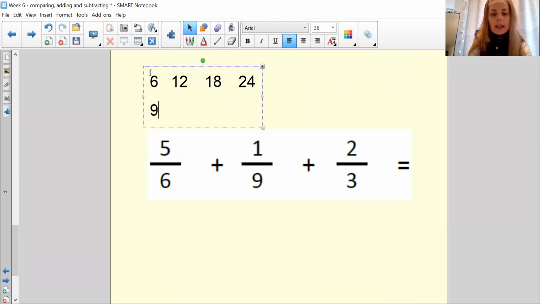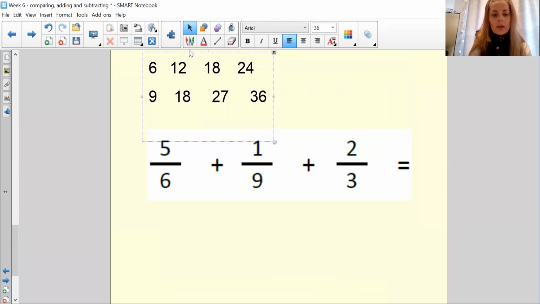Then I've got 9, 18, 27, 36. And then I've got 3, 6, 9, 12. And now I need to keep going, and I'm always going to start with the smallest number because these numbers at the top will just get bigger and bigger and bigger, and this 3 needs to catch up.